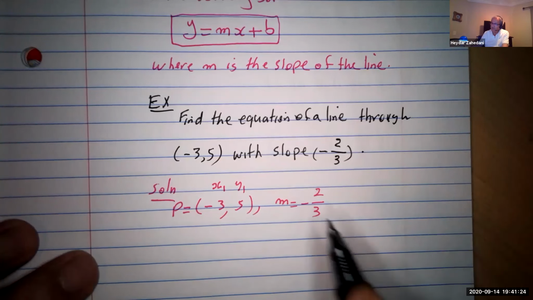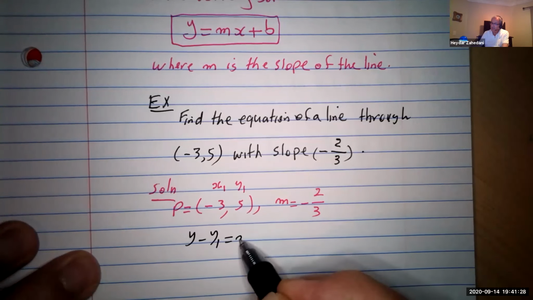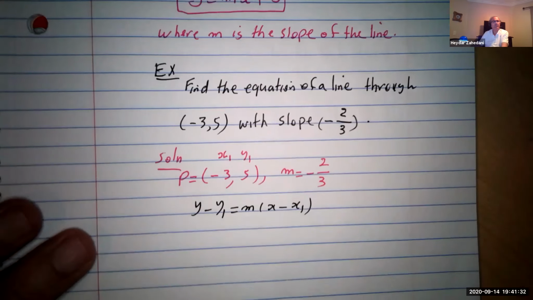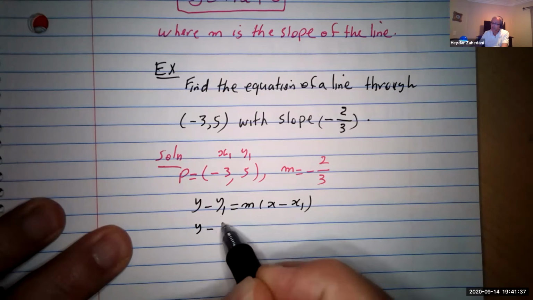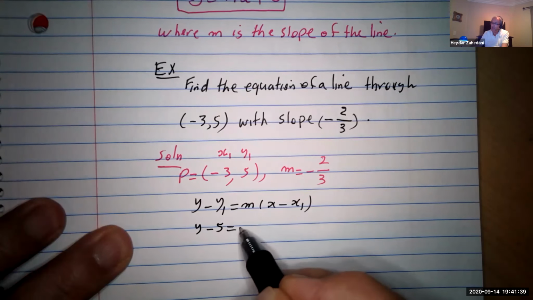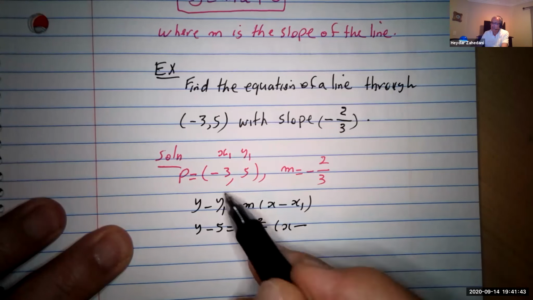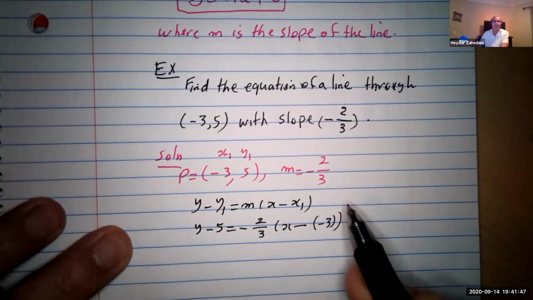Our formula is y minus y1 equals m times x minus x1. We substitute, which gives y minus 5 equals -2/3 times x minus x1, and x1 is a negative number, so minus (-3).